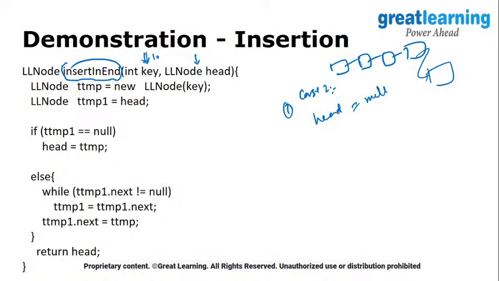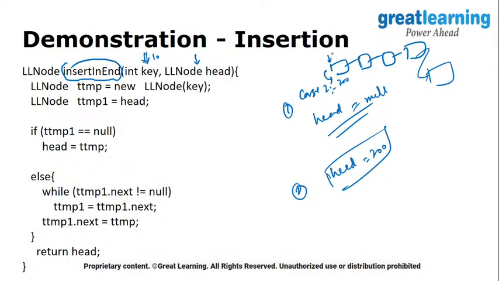Whatever is this head will be the first node. Now you don't have any nodes, so this head will be null. In the other case, this head can have some address, some reference, right? Now let's suppose this is your linked list and this is the address of this node, and this is nothing but your head node. Now you have this linked list available.